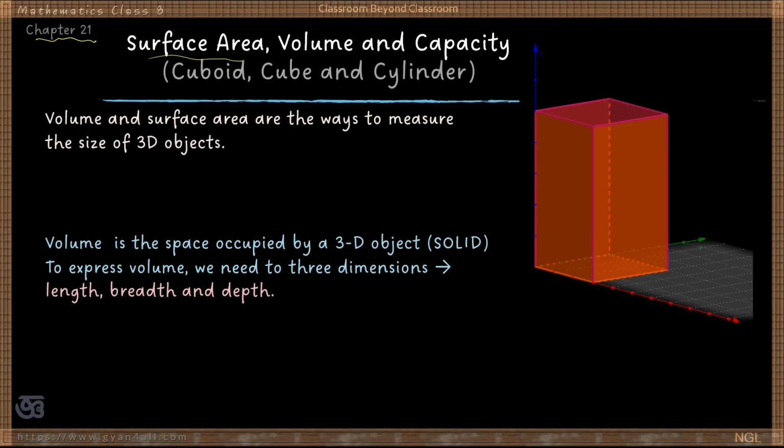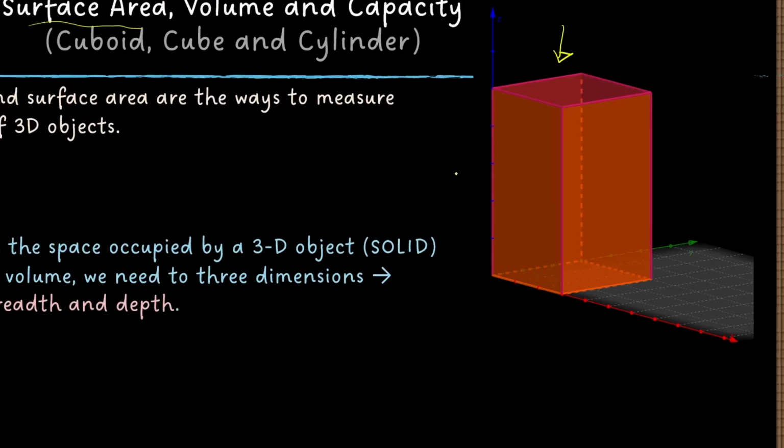We need three dimensions to express the volume, and those dimensions are length, breadth, and depth or height. Here, this is a cuboid and there are three dimensions. The first dimension is the length L, and the second one is the breadth B, and this dimension is at an angle of 90 degrees to the direction of the length.